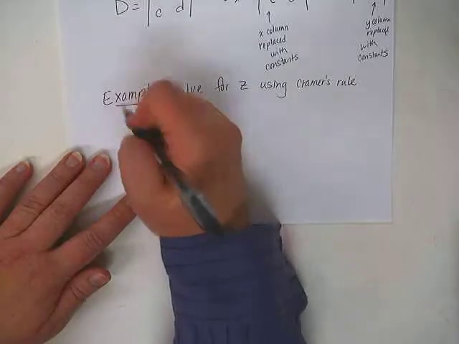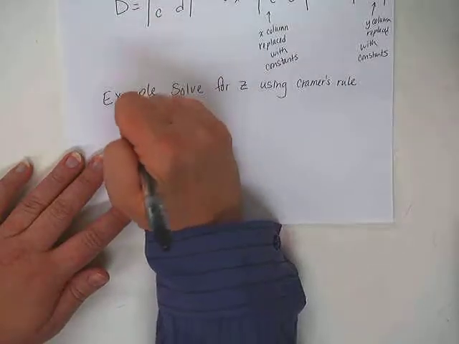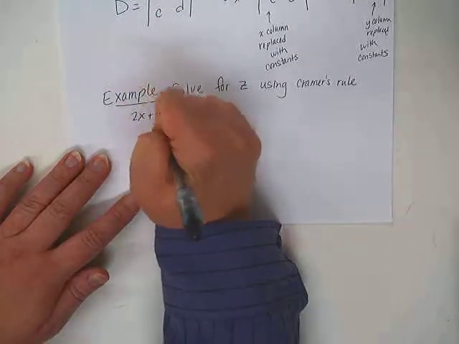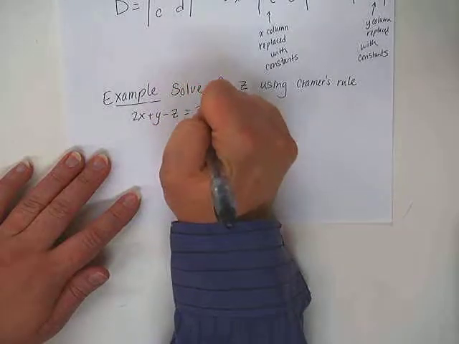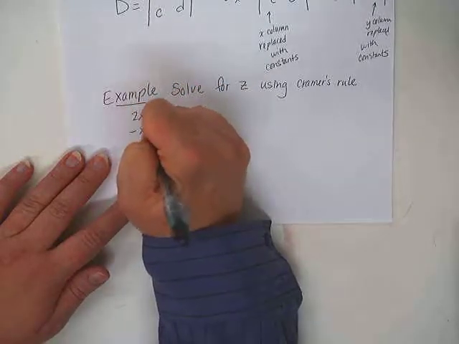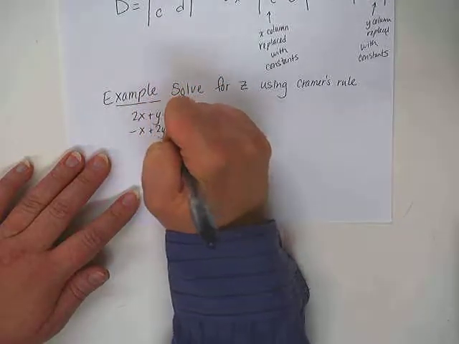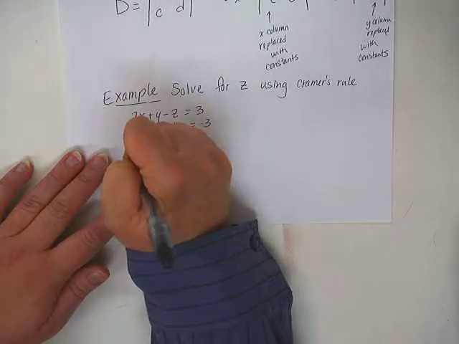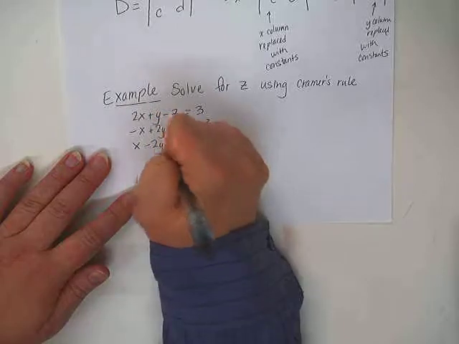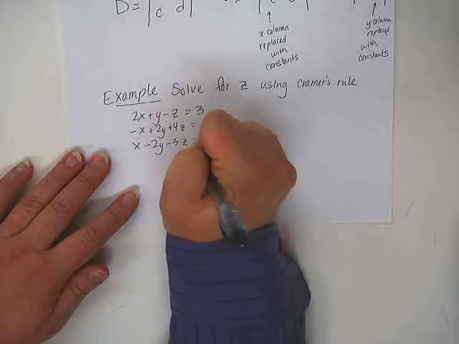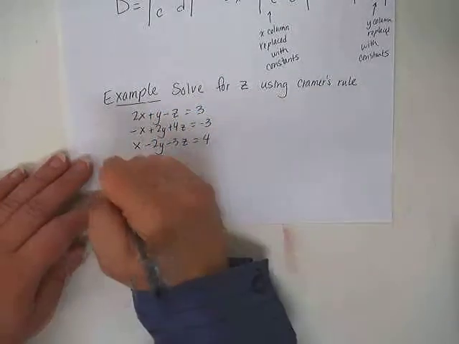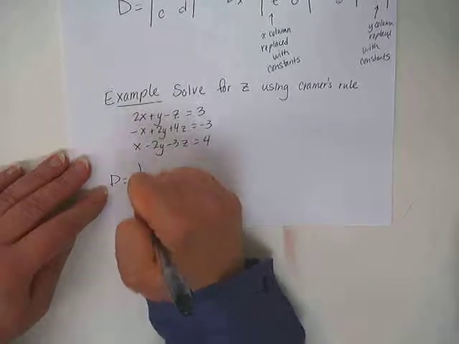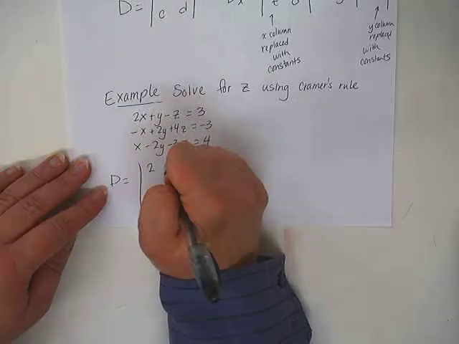So I'm shortening the problem by saying just find z. Let's not worry about x and y. Okay? And the problem we are going to do is 2x plus y minus z equals 3, negative x plus 2y plus 4z equals negative 3, x minus 2y minus 3z equals 4.